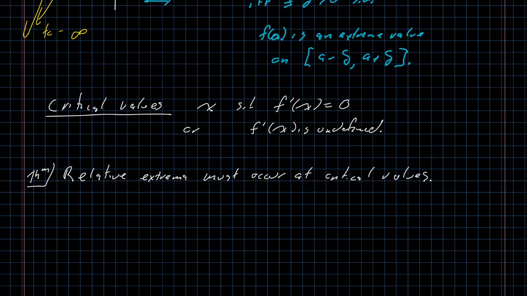So carrying in the definition of absolute extrema, we know that the function has to be continuous on this closed interval. So we're looking only at points where the function is continuous and where there is an interval around the point where the function is continuous. But relative extrema must occur at critical values, is the claim in this theorem. Critical values being places where the derivative is either 0 or undefined.